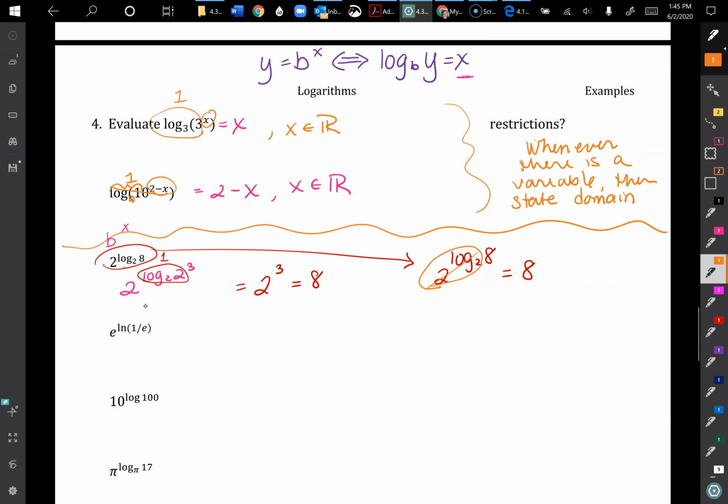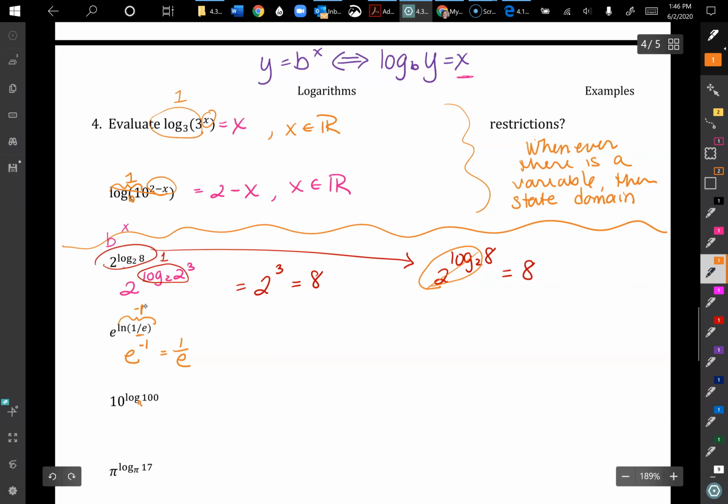So if we now have e to the ln of 1 over e, this would be equal to e to the negative 1. So it's like ln of e to the negative 1, and then we're undoing that. So we have e to the negative 1. And then that would equal 1 over e, which is what we have inside here.